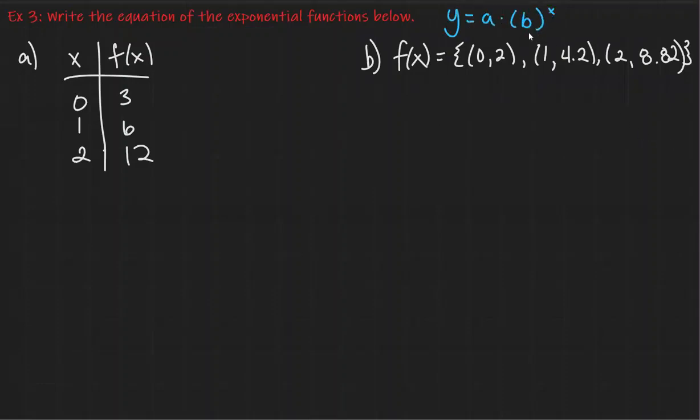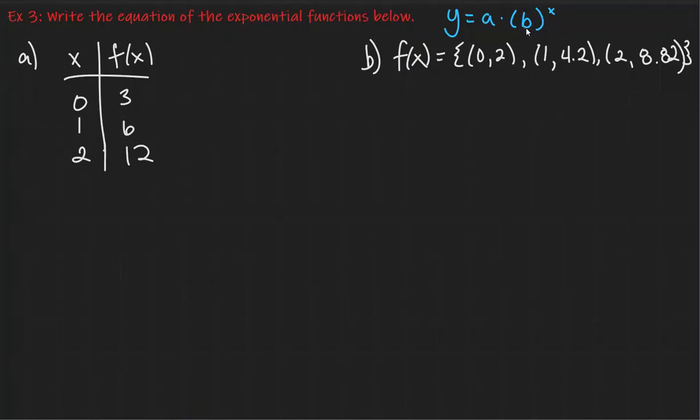As long as my x values are incrementing by 1, our base is going to be whatever multiplication factor I'm using. So what am I multiplying each y value by every single time? Because that number that I'm multiplying by will stay the same always. I'm always multiplying by the same number in an exponential function, right?